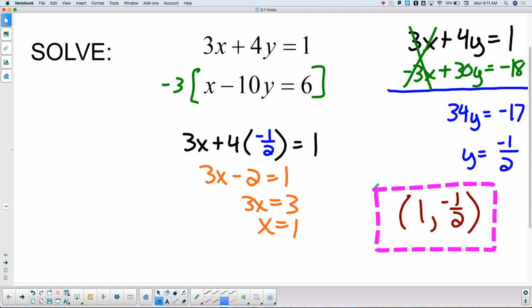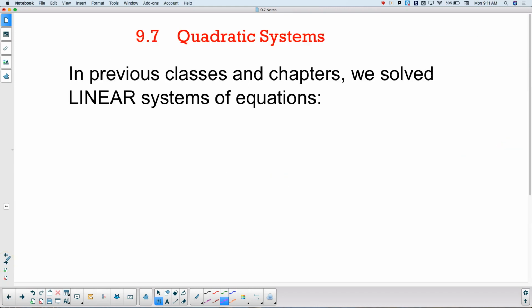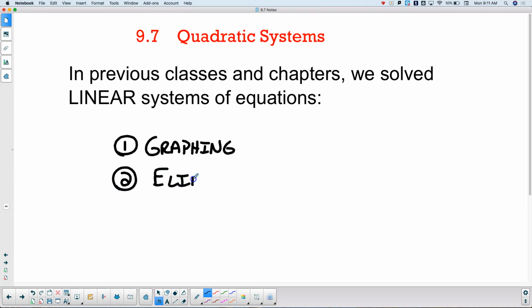So in previous classes and chapters, we solved linear systems one of three ways. We had graphing, we had elimination, and we had substitution.